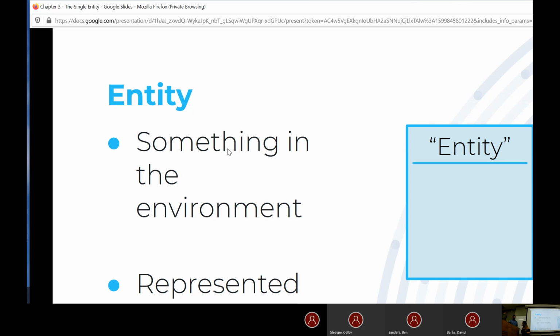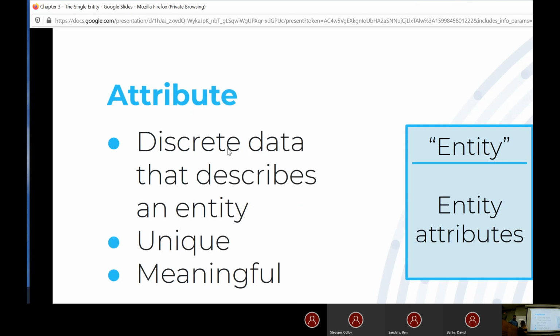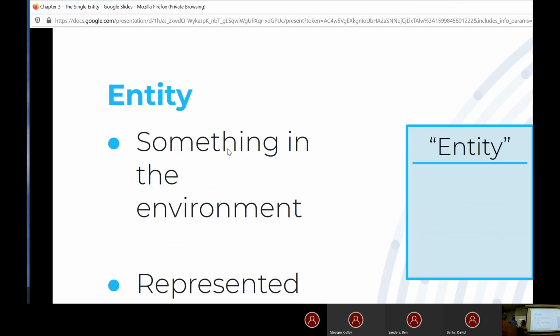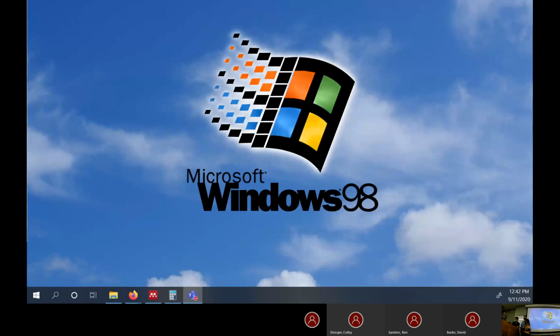Can I fix that before we keep going? Our slides, and we don't know how that happened. Sorry, guys, it'll be just a minute here. Just go ahead and make a copy of it.